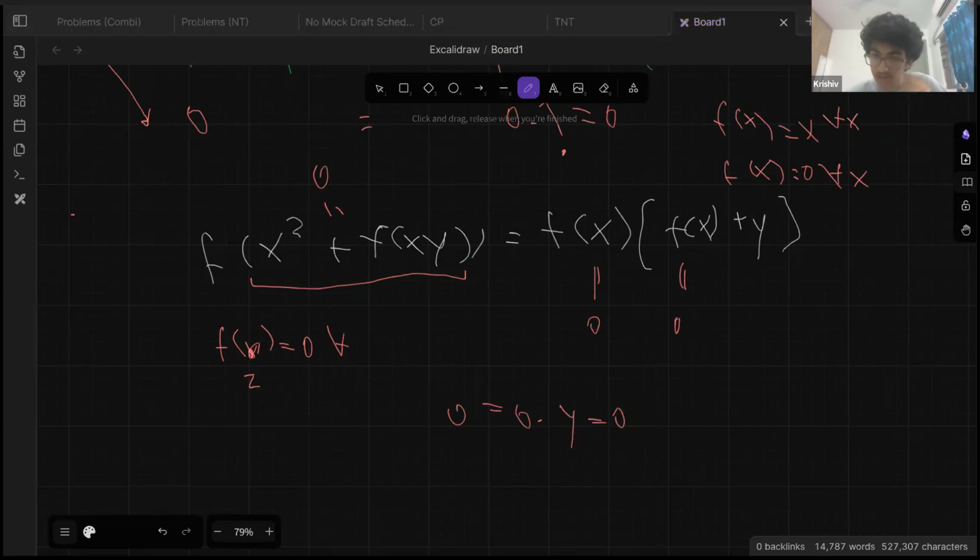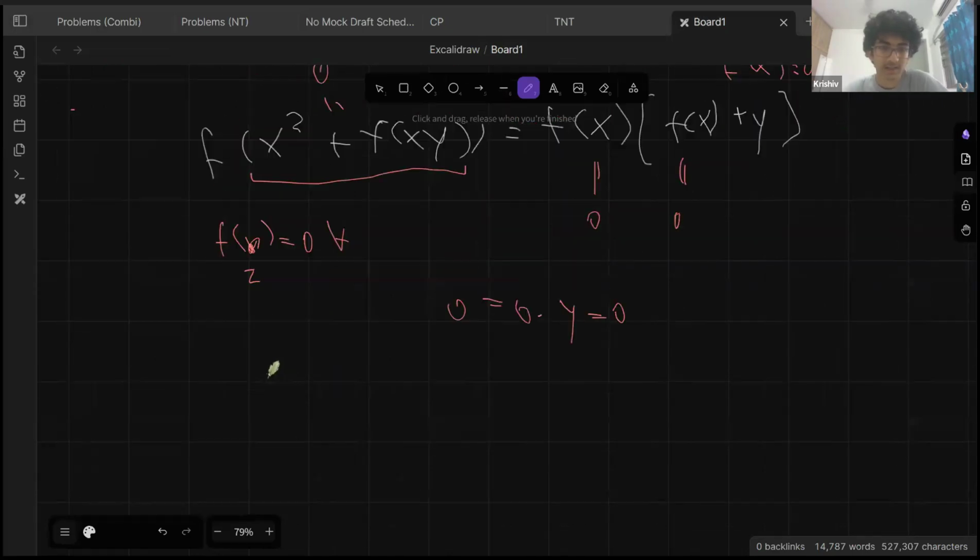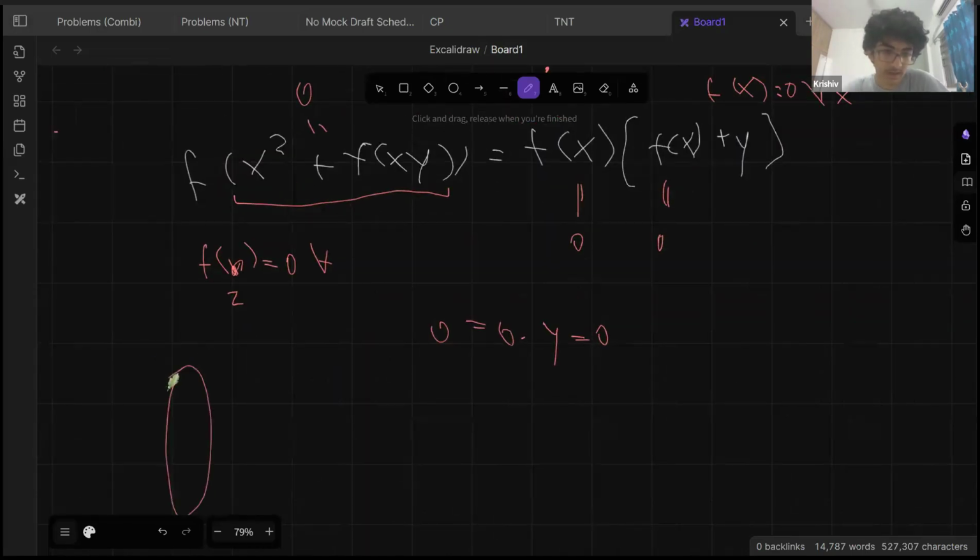Which part is the LHS? The LHS. Okay. So let's say we have, this is R and this is R. And we have a whole lot of values in R. And what our function is doing, the mystery box function, is taking every single value here and sending it to 0.